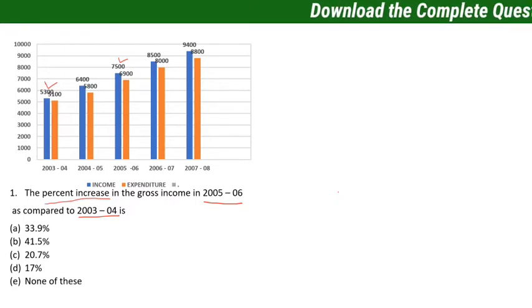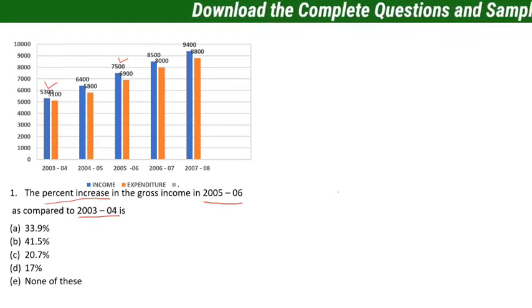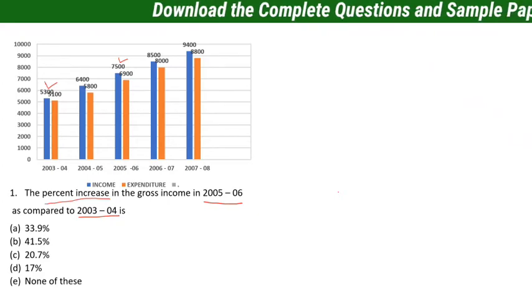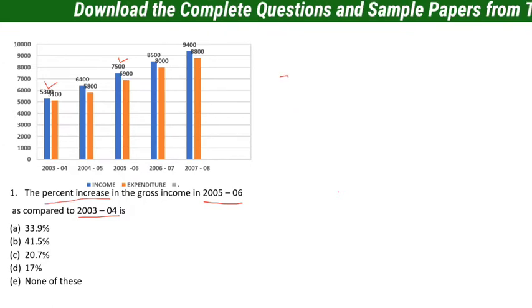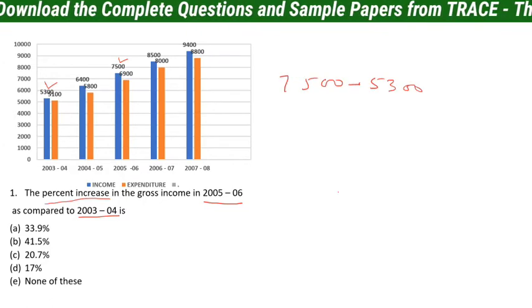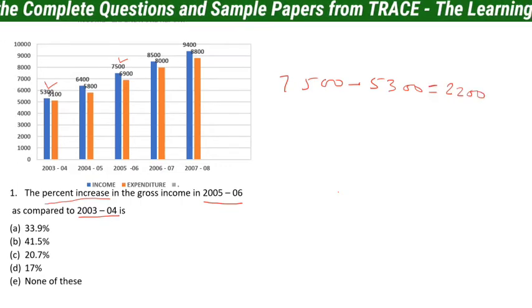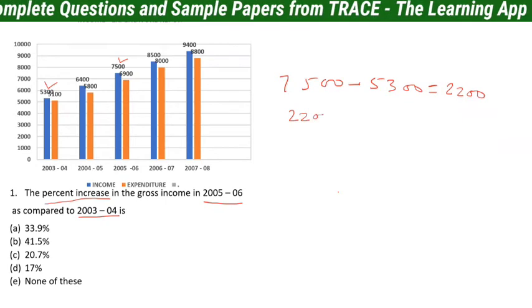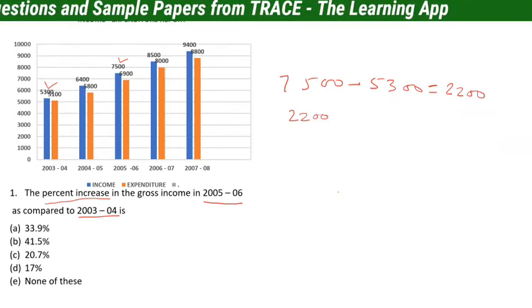We can answer like this: 7,500 minus 5,300 is equal to 2,200. Now this 2,200 is what percentage of the gross income in 2003-4?